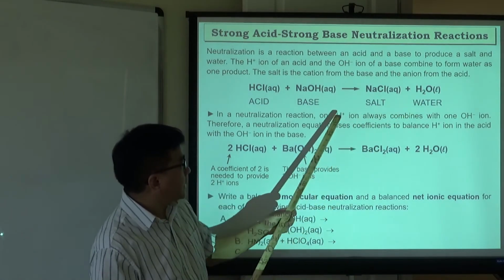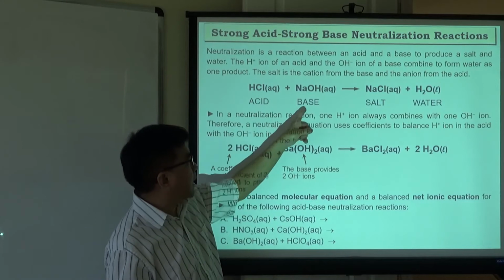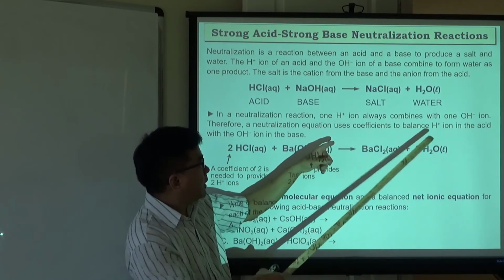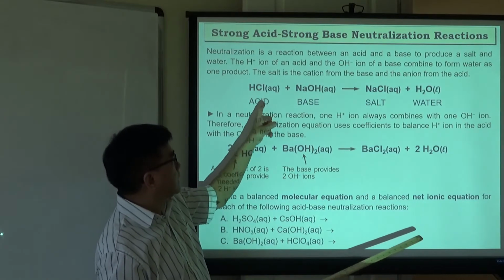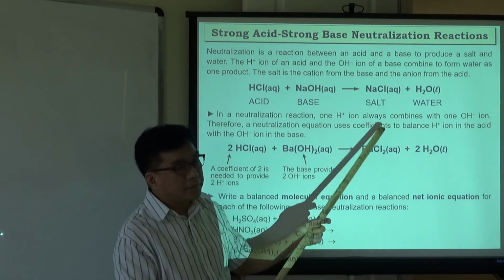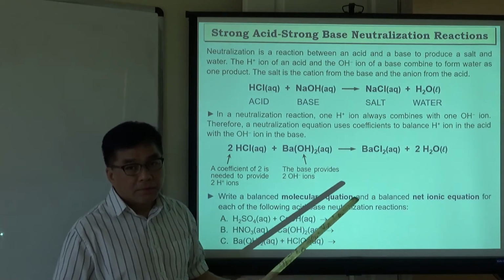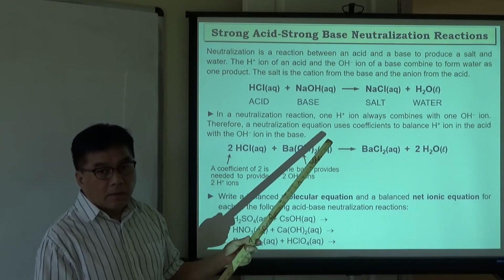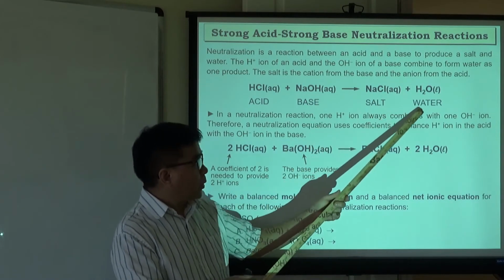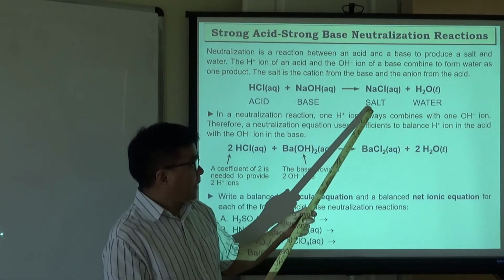Okay, so water comes from the combination of hydrogen ions and hydroxide, and what's left behind is the sodium and the chloride ions. So sodium and chloride together form a salt. So a strong acid and a strong base, or any acid and base, when you mix them together, you're going to end up with water and a salt.